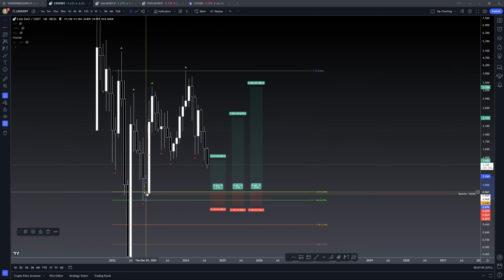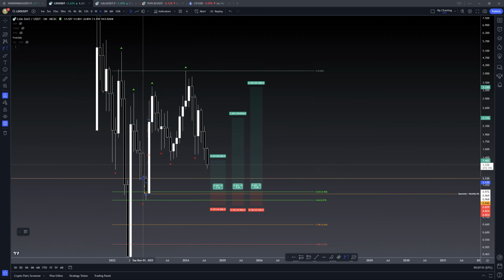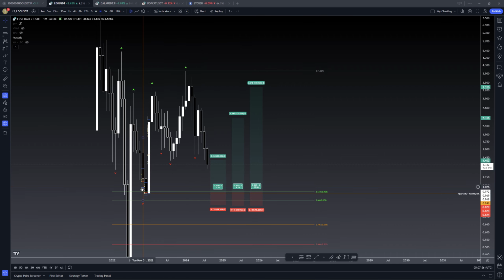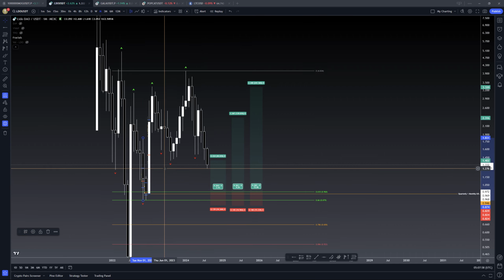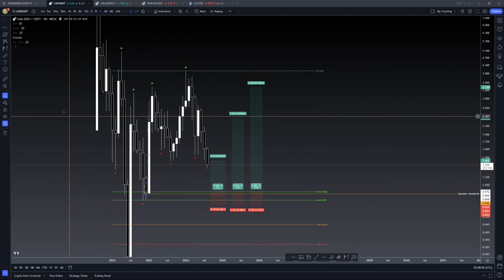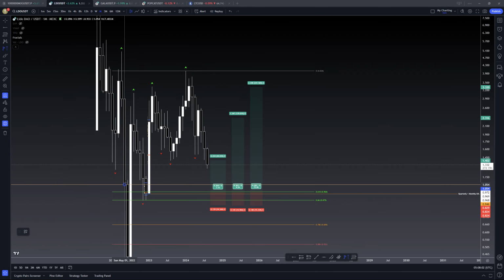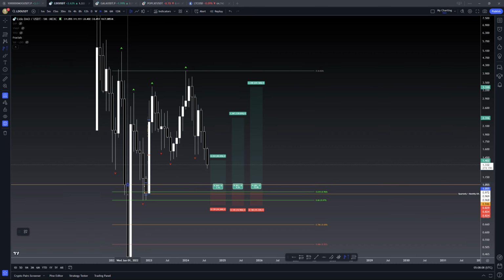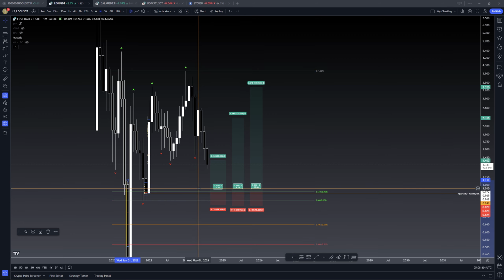Again, point of control right at the 618. Be cool if it would, so that's nothing on that. Give me that candle. That's nice. Check that out. That's pretty cool. Value area high right around there.